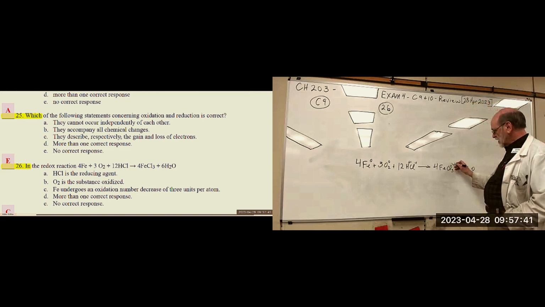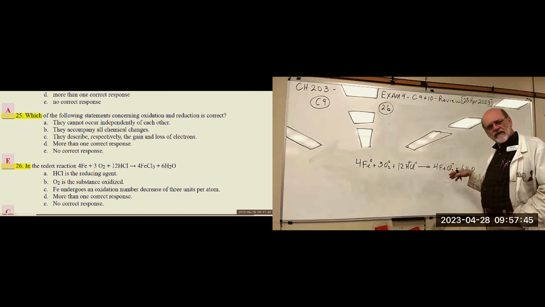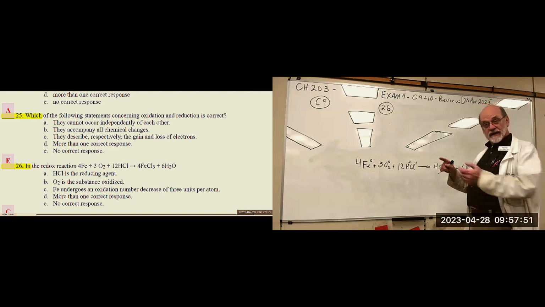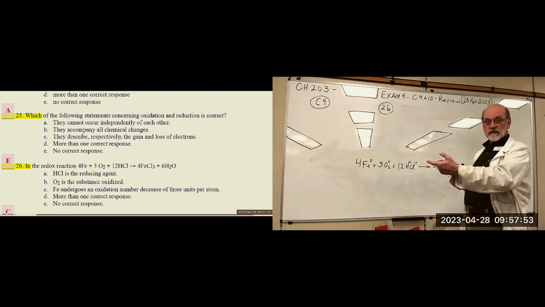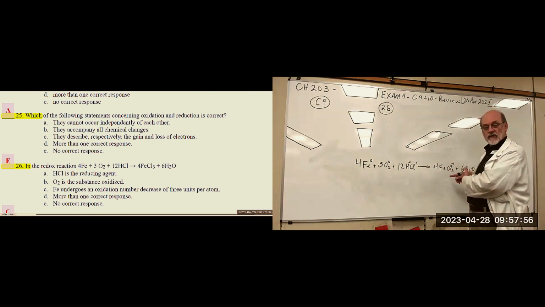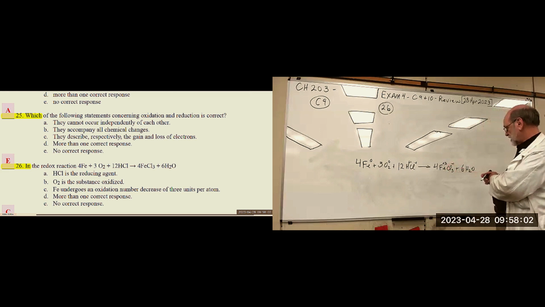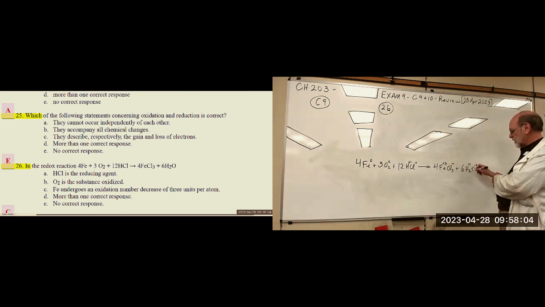This one is -1. Whenever you have chlorine combined with a metal or something else, we usually give chlorine a -1, rather than, like we did in a previous question, where we calculated the value for chlorine. But in this case, we're going to give it a -1, which means this is a +3. And this is a -2 and a +1.